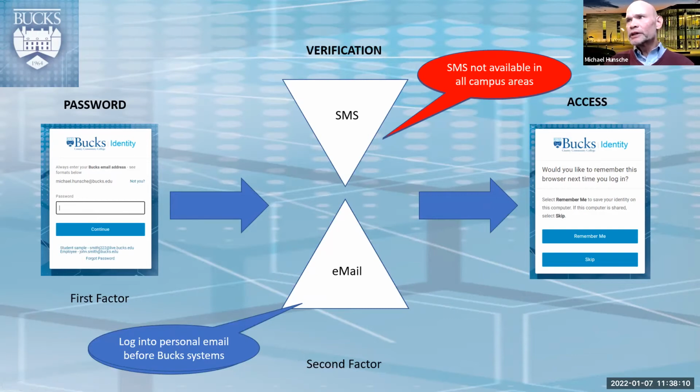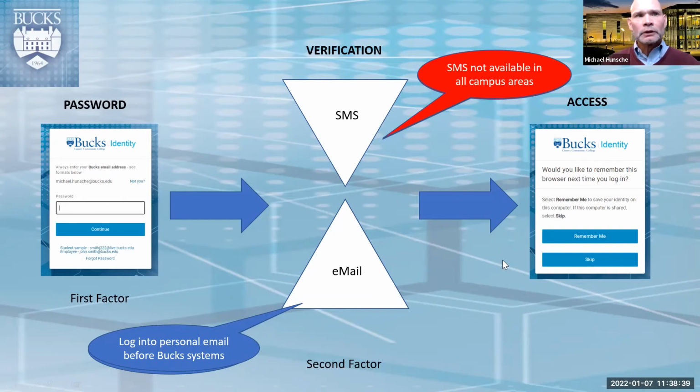When you just put your user ID at the teacher station and then your password and you get in, then log into a personal email account, then try to get into a Bucks system, because again, that link is only active for about 30 seconds. So if you're fumbling around trying to remember what your personal email password is and trying to find which tab on the browser you put the personal email, chances are the link is going to expire by the time you click on it.